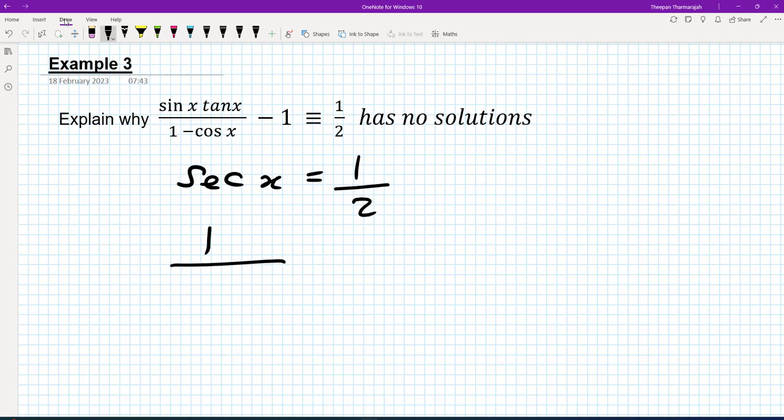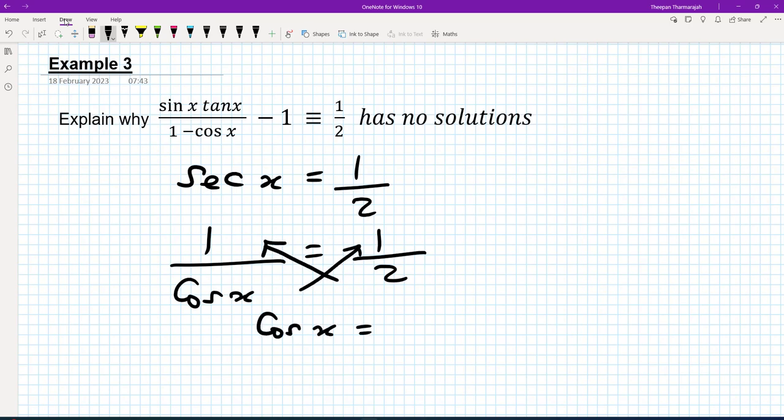Well, sec x is 1 over cos x. So we can cross multiply. Bring the 2 here, bring the cosine x there. So cos x is equal to 2, which you know is invalid. As shown before, the cosine graph is only valid between 1 and minus 1 for the range.